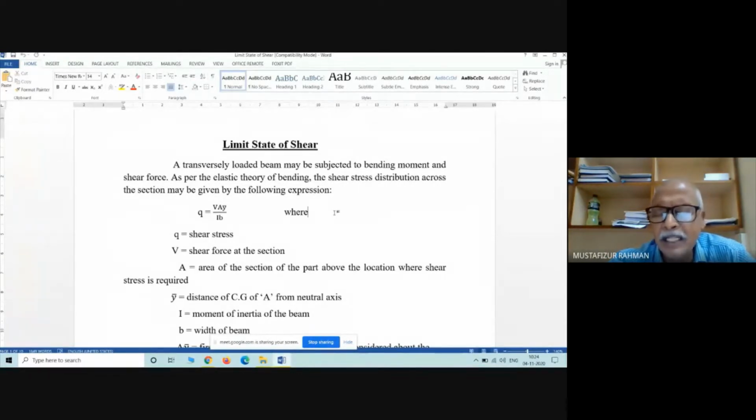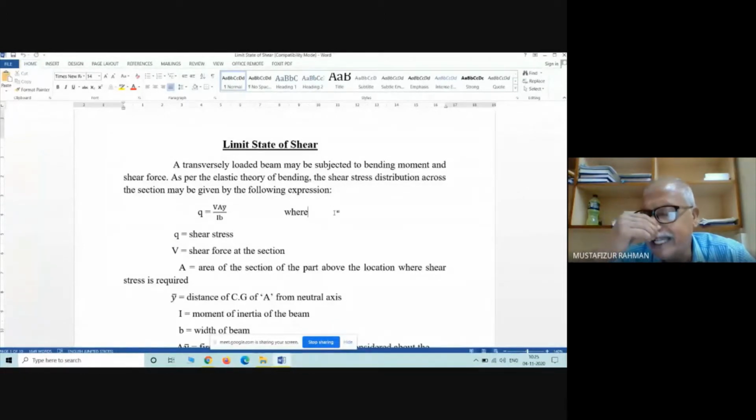Similarly, if the member is subjected to some concentrated loads at different locations, then we have to find out the bending moment under the loads. Out of those bending moments, whichever is the maximum will be required for design purposes.